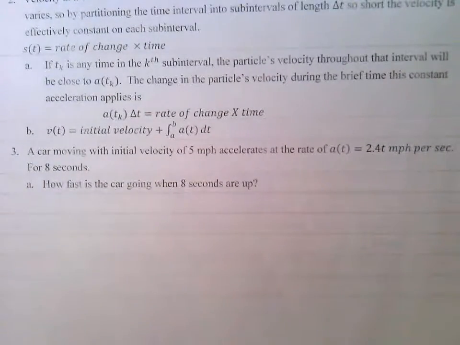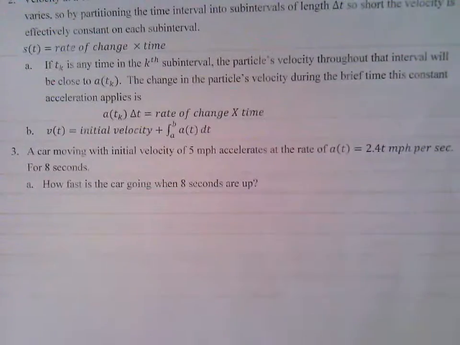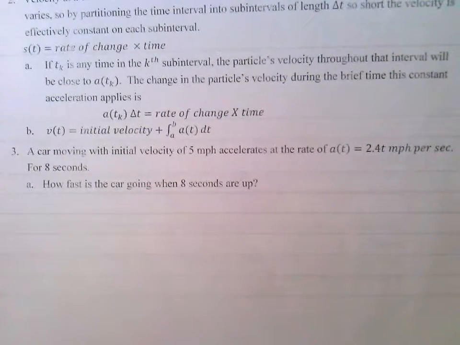So a car is moving with an initial velocity of 5 miles per hour. It accelerates at the rate of a of t is 2.4 t miles per hour per second. Okay, remember acceleration is like meters per second squared, so you're going to have 2 times... For 8 seconds. So how fast is the car going when 8 seconds are up?